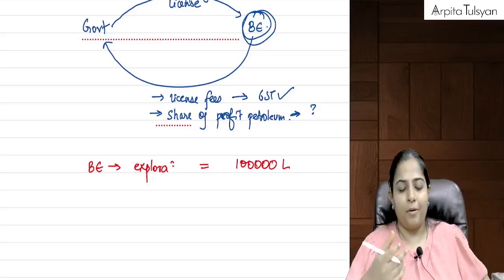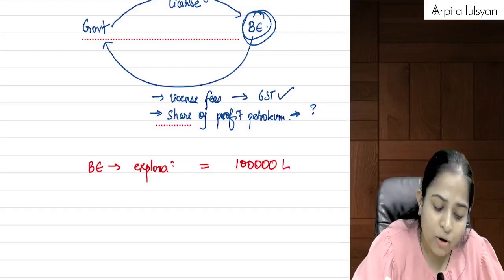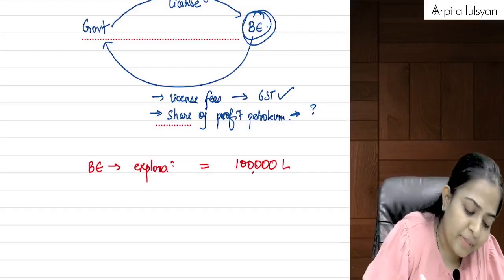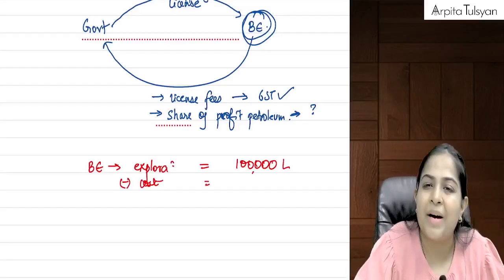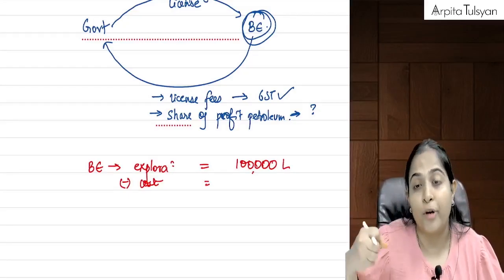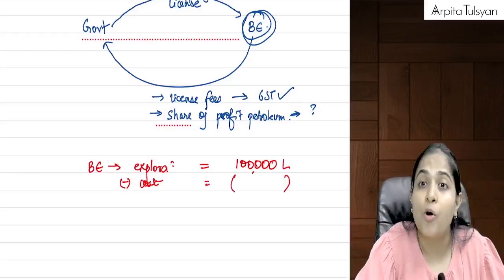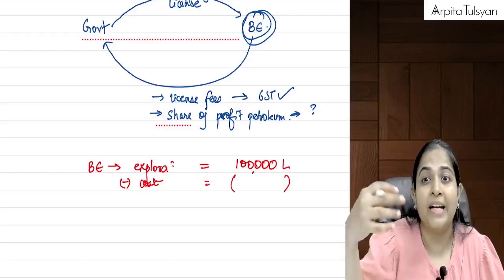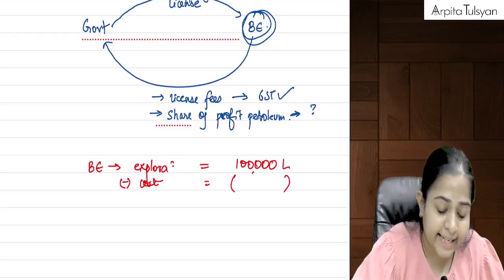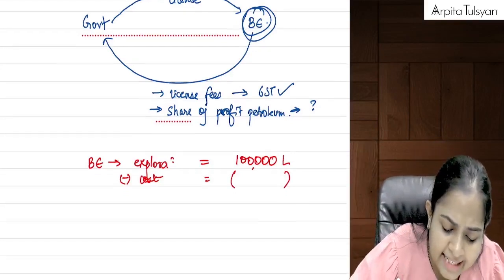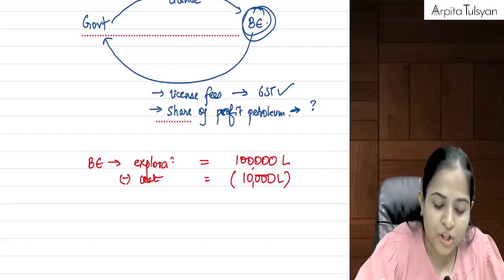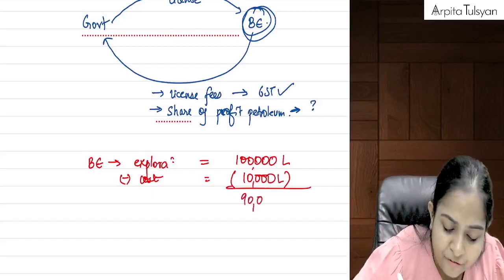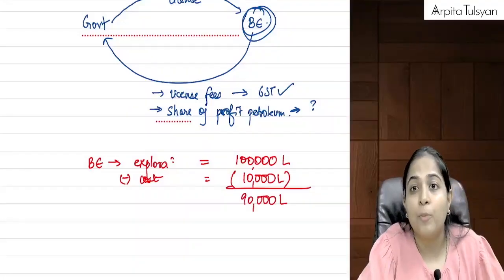From this, the entity will generally keep some petroleum aside to meet its cost of exploration, digging, taking out the oil, etc. Let's say it has kept 10,000 liters aside to meet the cost. Now it is left with 90,000 liters of output.